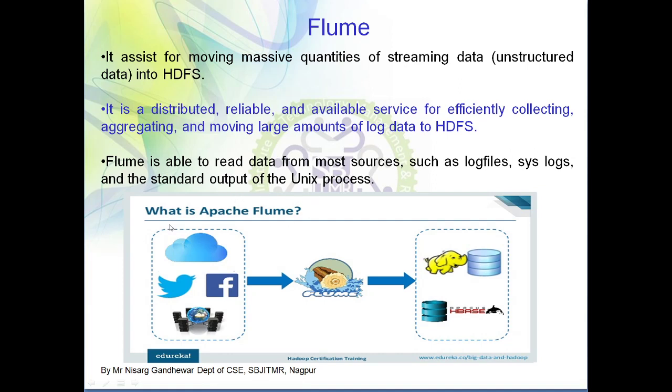So here you can see that various social networking sites are there. Facebook is there, Twitter is there, cloud is there. They generate a huge amount of unstructured data in the form of blogs. Suppose you are commenting on a particular post, then you are liking that post, you are sharing that post. For your every action a log is generated, and that log data is very important for us.